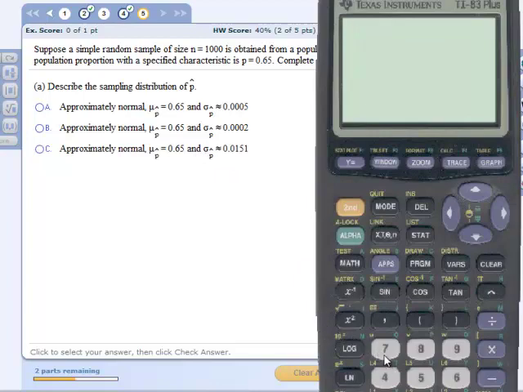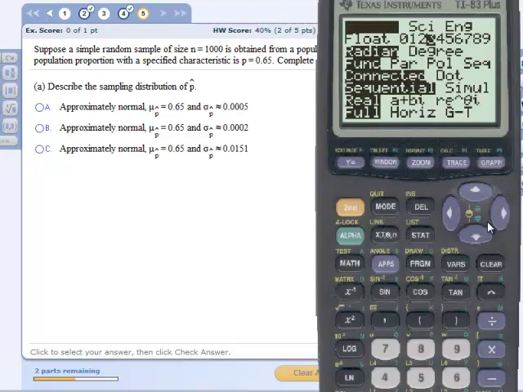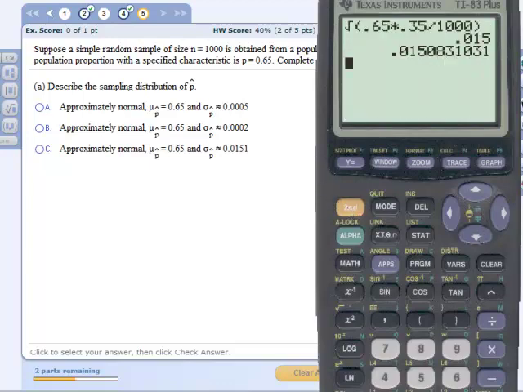So we're going to do the square root of p, which is 0.65, times 0.35, right? 1 minus 0.65, divided by n, which is 1,000. So we get 0.0151.